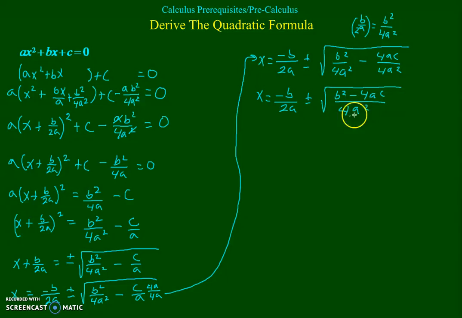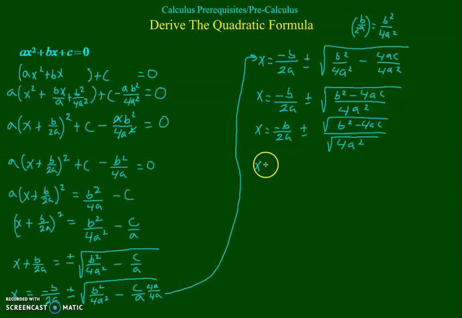Since this is a perfect square term down here inside the radical, I can take the square root of it, because this is the same as the square root of b squared minus 4ac all over the square root of 4a squared. The square root of 4a squared is simply 2a.